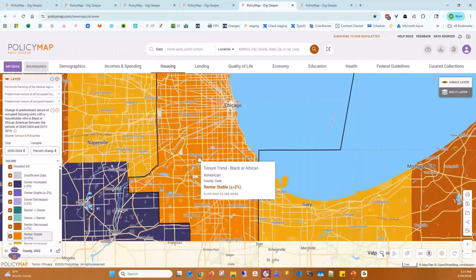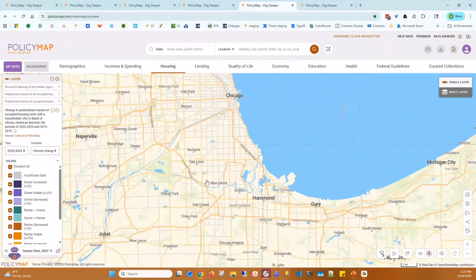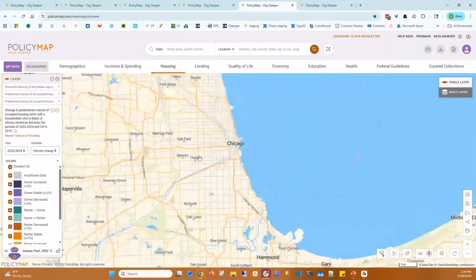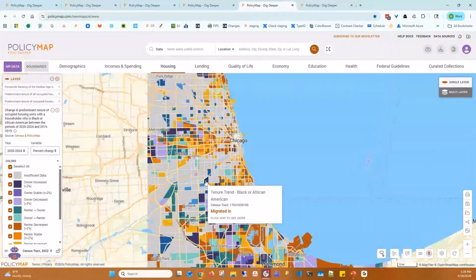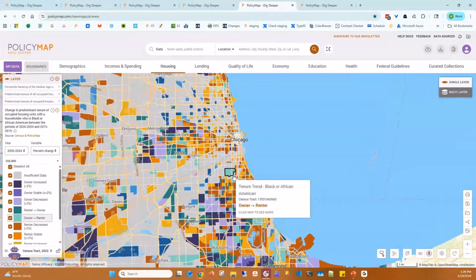So I'm going to zoom in a little bit to the tract level. Give it a minute. As you can see, when looking at percent change, we can start to see what neighborhoods are changing from owner-occupied to renter-occupied or vice versa.